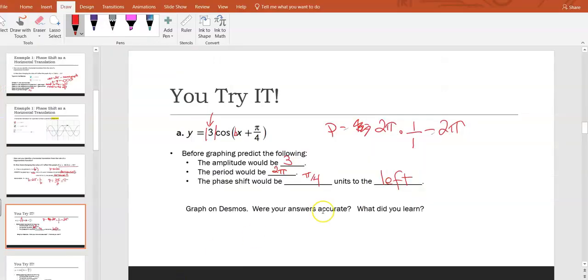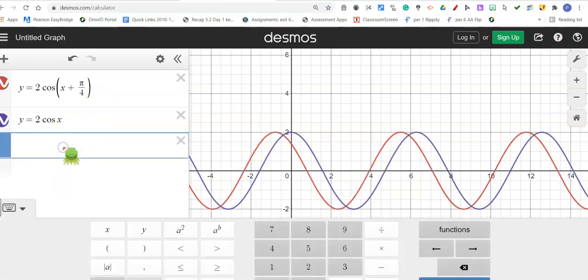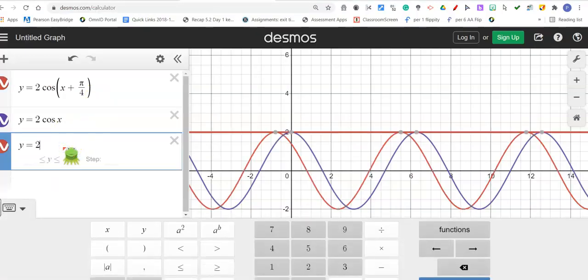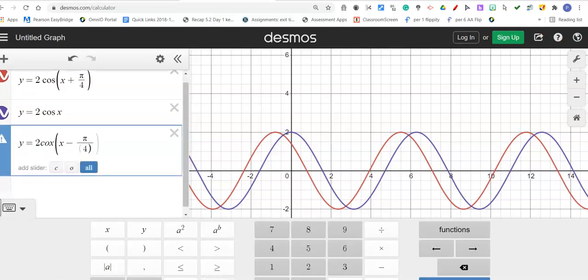So it looks like we did it correctly. And if you wanted to check, you could try doing y equals 2 cosine x minus pi divided by 4. You could just see how that affected it.